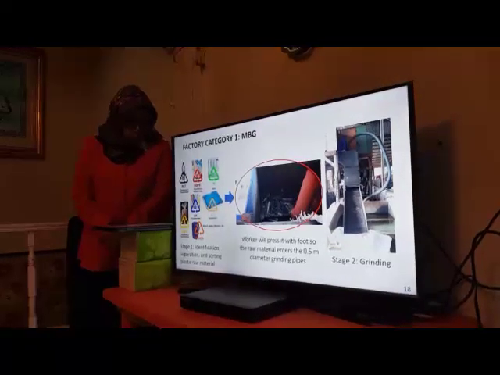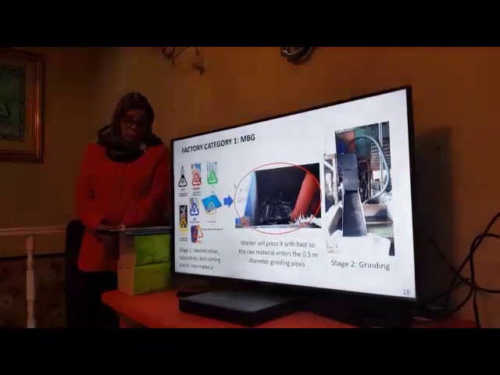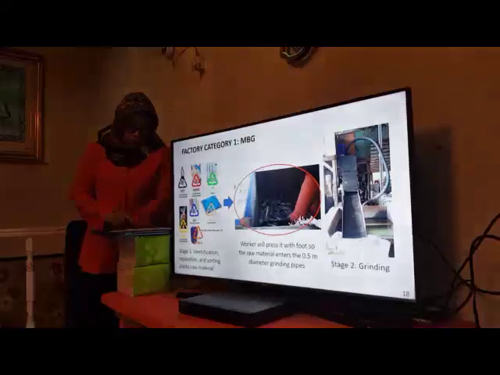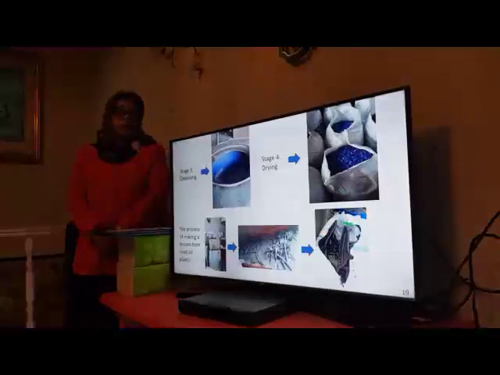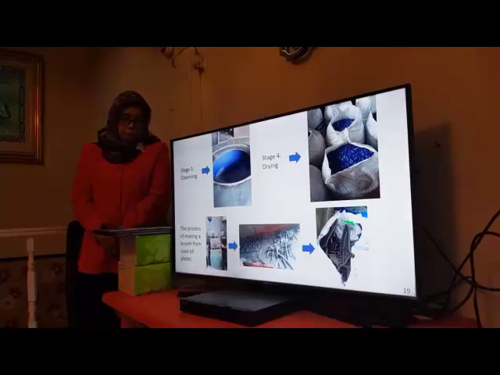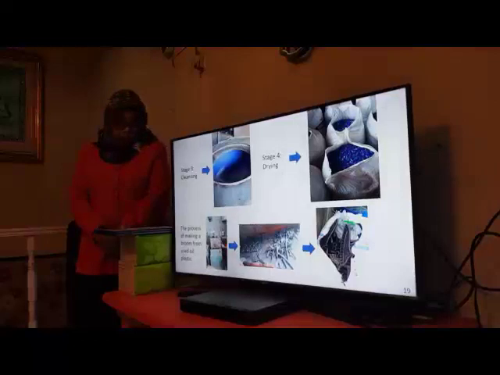The process is identification, separation, and sorting of plastic, then pressing the plastic. The second process is grinding, then cleansing, then drying the plastic, then making brooms from the used oil plastic.